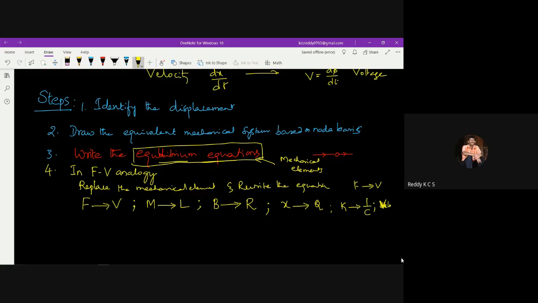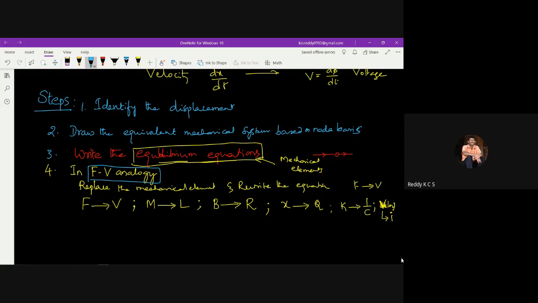So here velocity is replaced with current, because dx by dt is nothing but dq by dt, and dq by dt is nothing but I. So velocity is replaced with I, current. This is the replacement to be done in the case of the FV analogy.